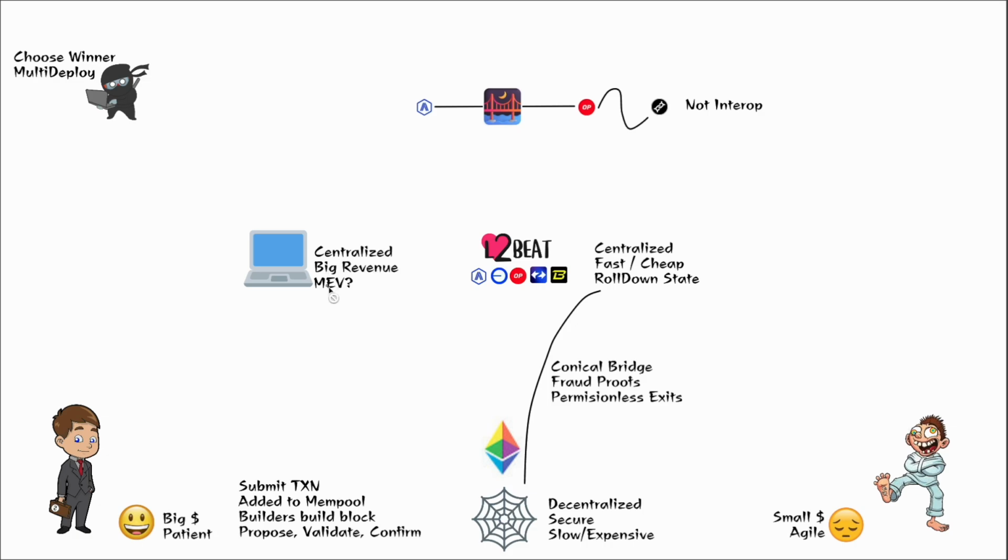Now, there's another concept called MEV, where people who are building these blocks, who are sequencing the transactions and putting them in order, can move these transactions in a certain way, put their own transaction in there, and take advantage of the fact that people have declared what they want to do before it actually happens.